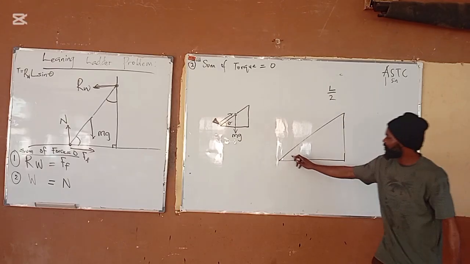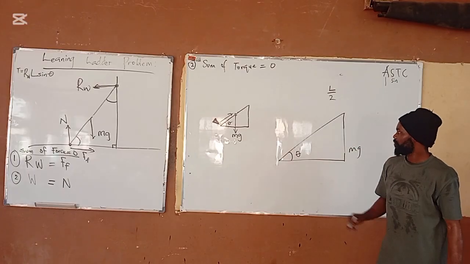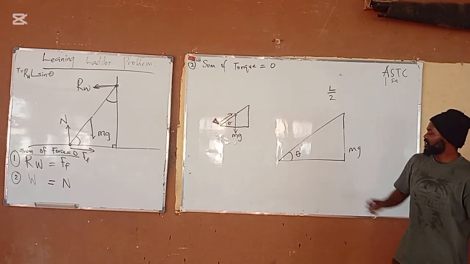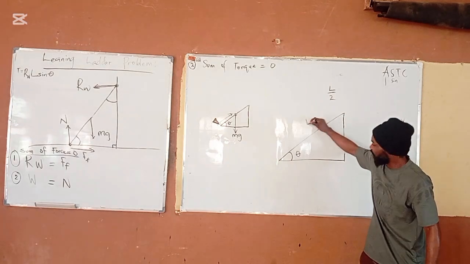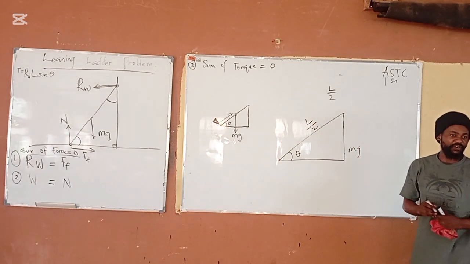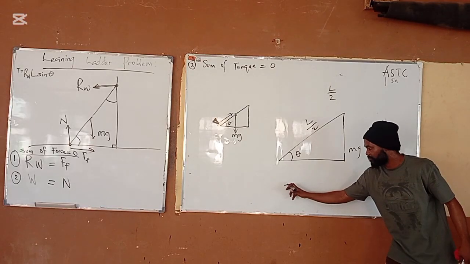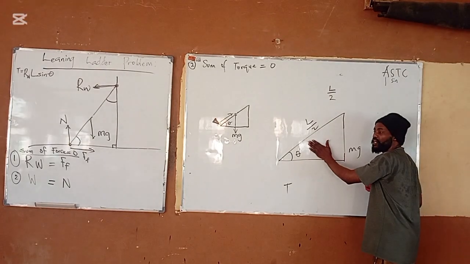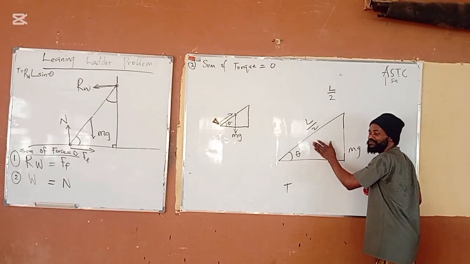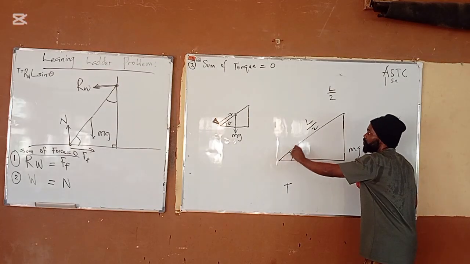I have theta here. Do you agree that this thing is mg? If that is mg, now remember that this thing is half of L now. So let me just write L over 2 because it's half of L. What I'm now saying is that if I want to get the top here, if I use just this triangle to do it, it will be hard for you to see where I am pulling to.